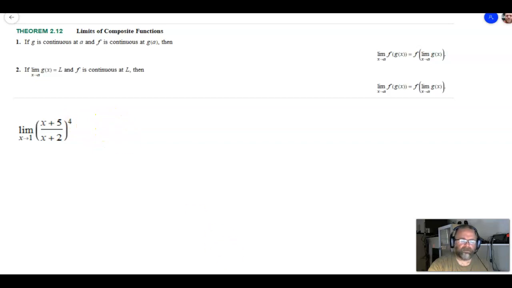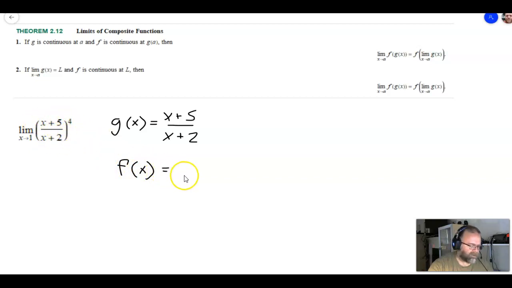So we could say g of x, call that the inside function there, is just (x plus 5) all over (x plus 2). And then f of x is just the outside here. We'll call that just x raised to the 4th.